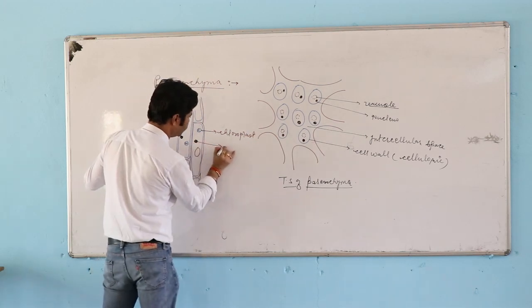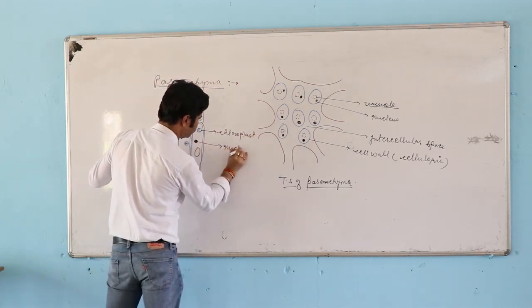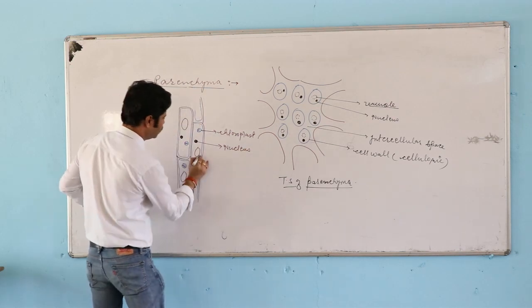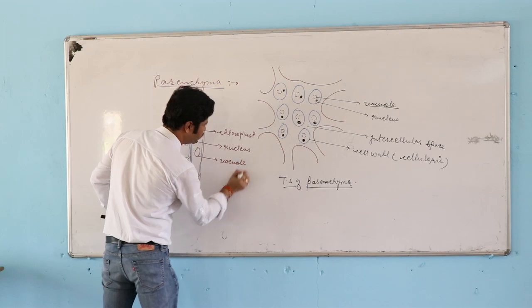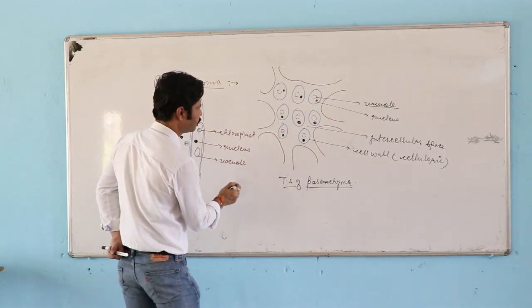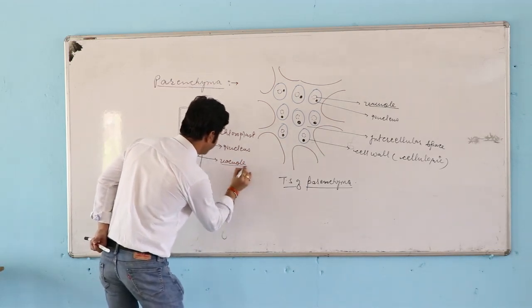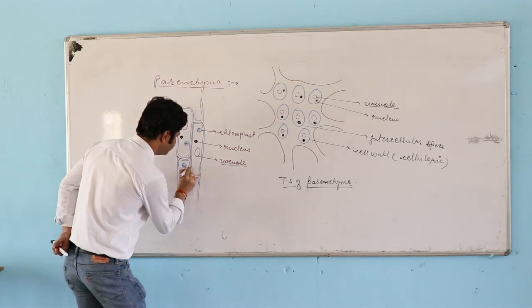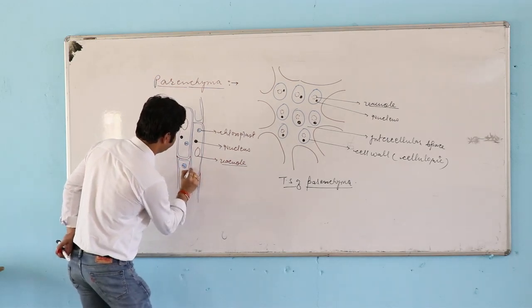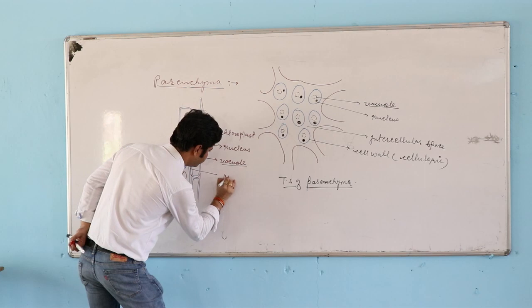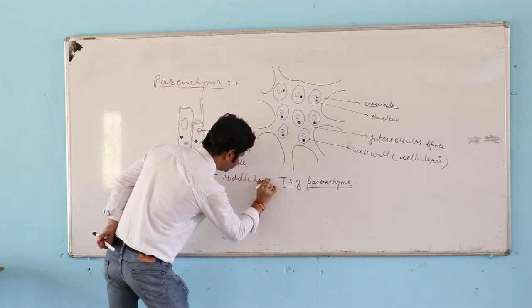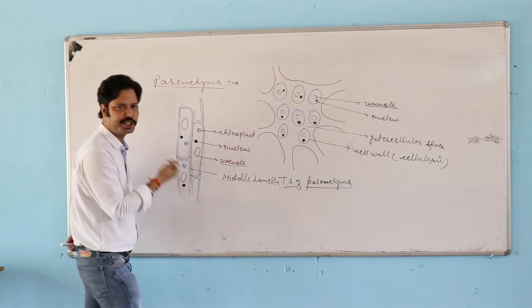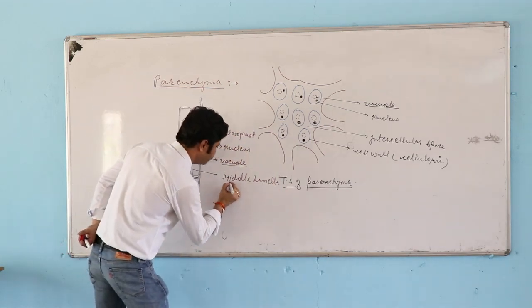This is nucleus. This is vacuole. This one is middle lamella. Basically it is made up of calcium pectate.